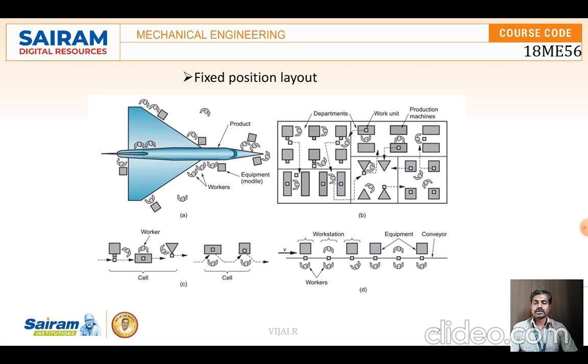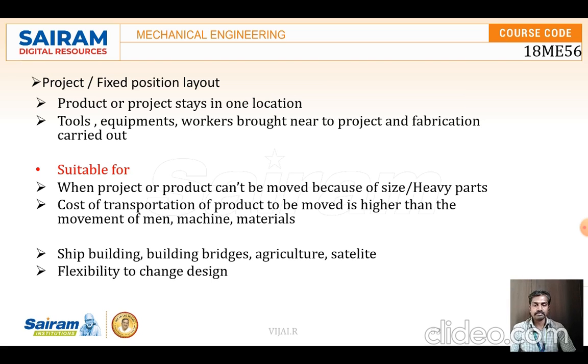This type of product may need 1 or 2 big machines, even building bridges or agricultural products. These are all cases where people come and work there.